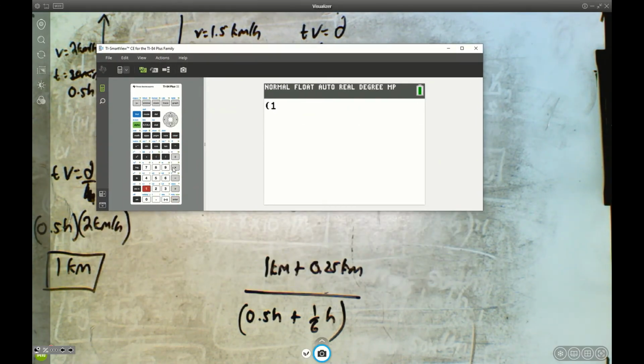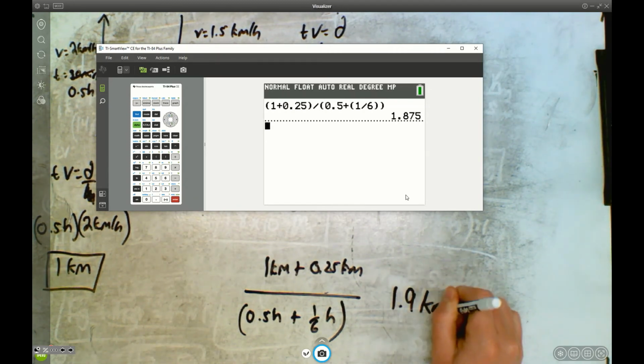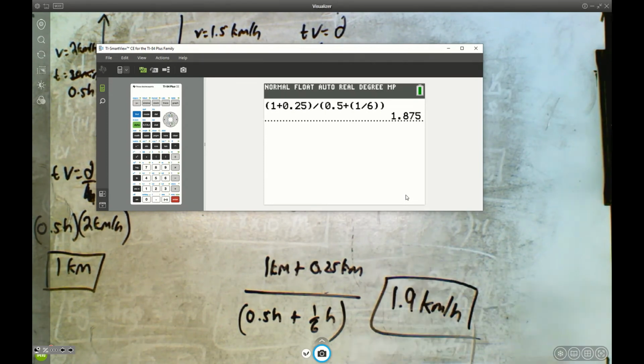I go 1 plus 0.25 on top, put that in brackets, and on the bottom, I go 1/2 plus 1/6. Put that 1/6 in its own brackets, and I get 1.875. I have 2 sig digs, so my answer would be 1.9 kilometers per hour for my average speed.